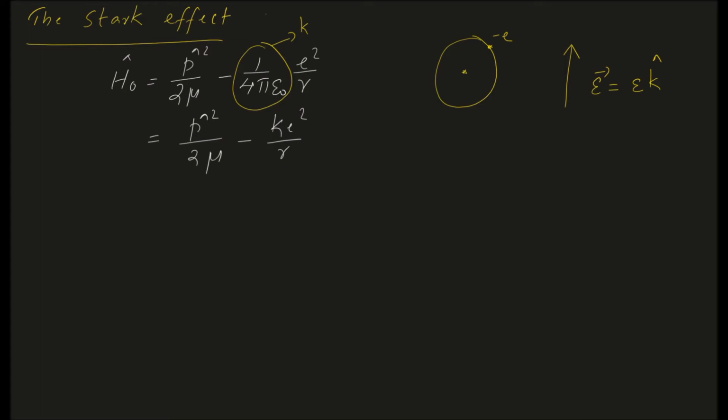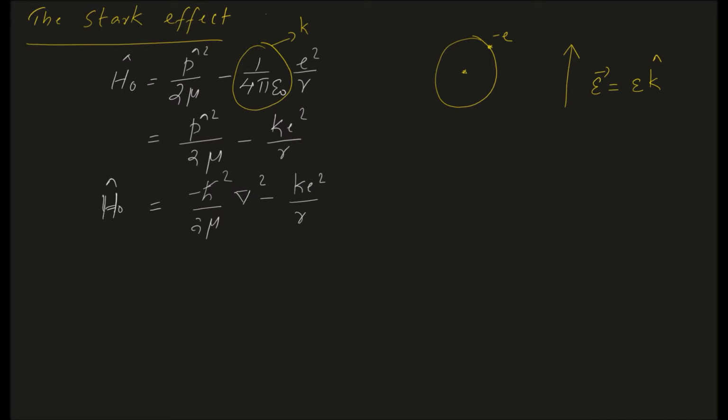If we express these observables in operator form, the momentum squared becomes minus h cross square by 2 mu into del square, minus k e square by r. So that is the unperturbed Hamiltonian H0.